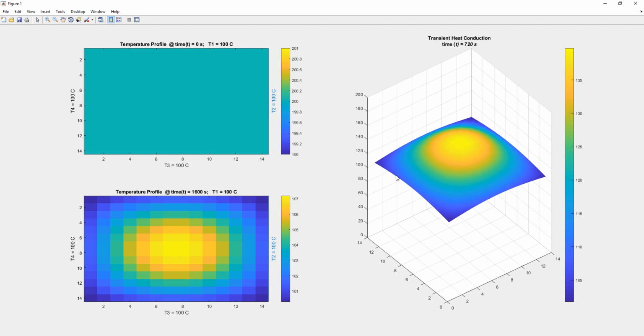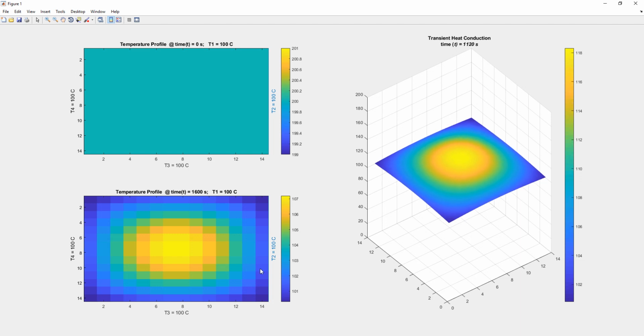At the sides, the temperature is maintained at 100 degrees Celsius. This program is going to run until we hit a total time of 1600 seconds.